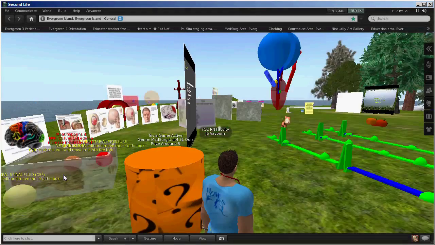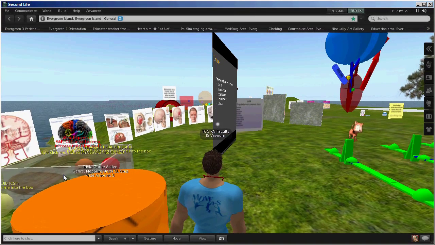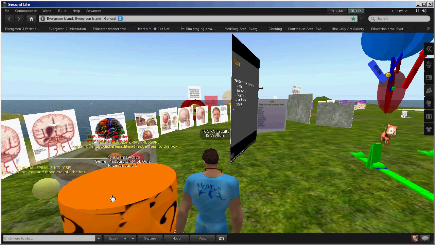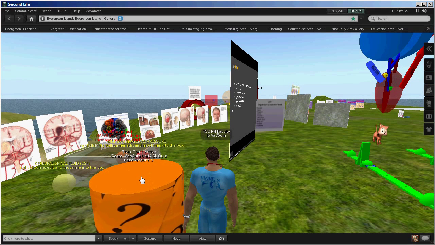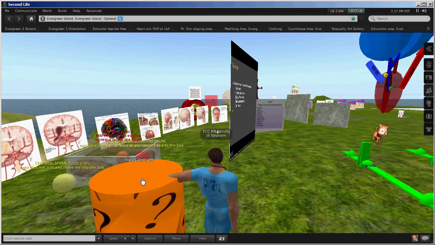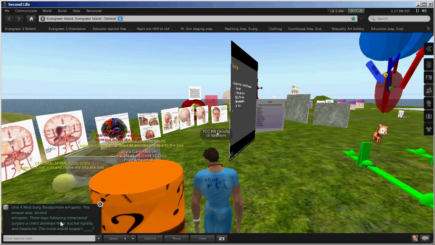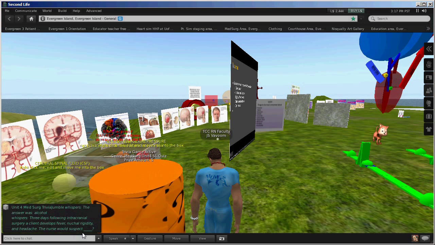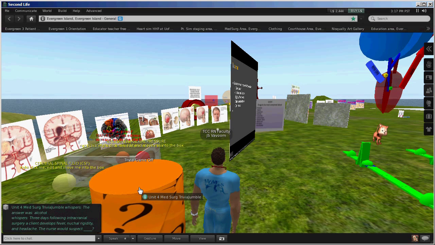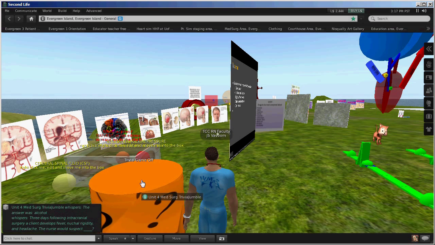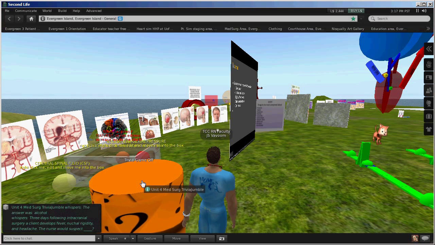There's a quiz here. You can take it if you just click on it. I'm going to click on it once. It'll turn it off because I own the thing, but I'll click on it and click it back on. So if you click on it, over on the left it says: 3 days following intracranial surgery, a client develops fever, nuchal rigidity, and headache.